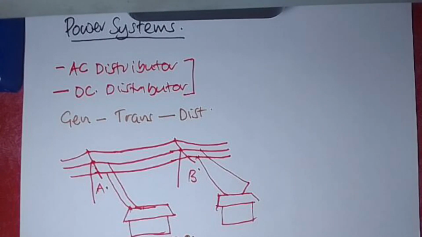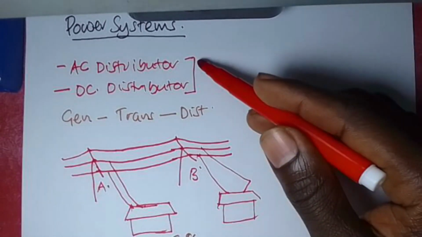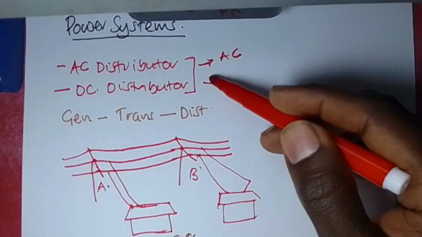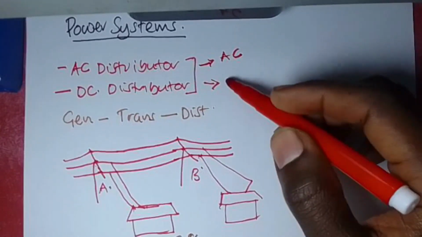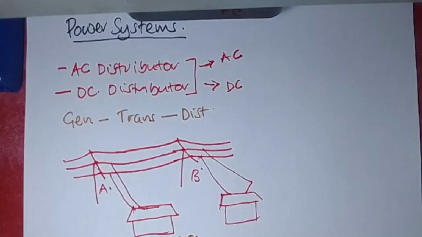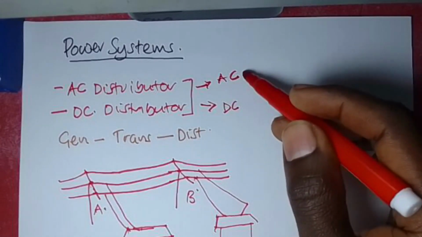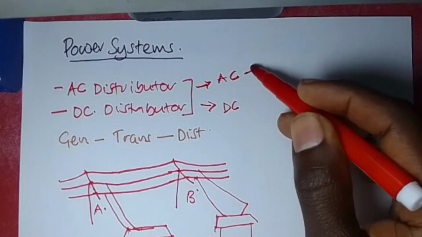Okay, so moving ahead from that, simply the AC distributor is a distributor that distributes AC power, and the DC distributor is one that distributes DC power. An AC distributor can have any number of wires.